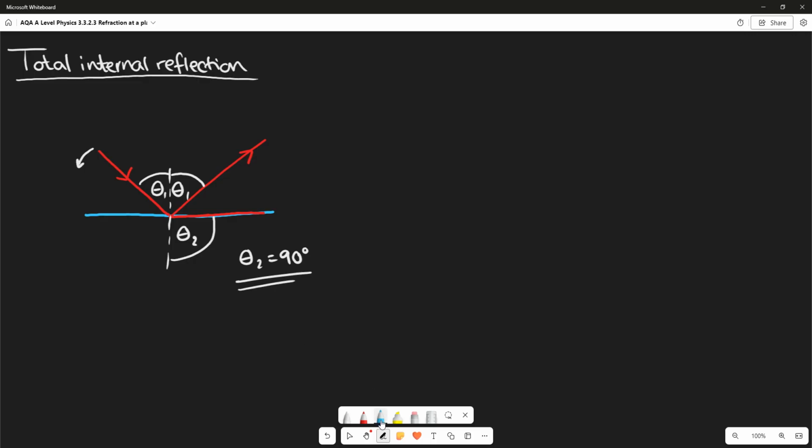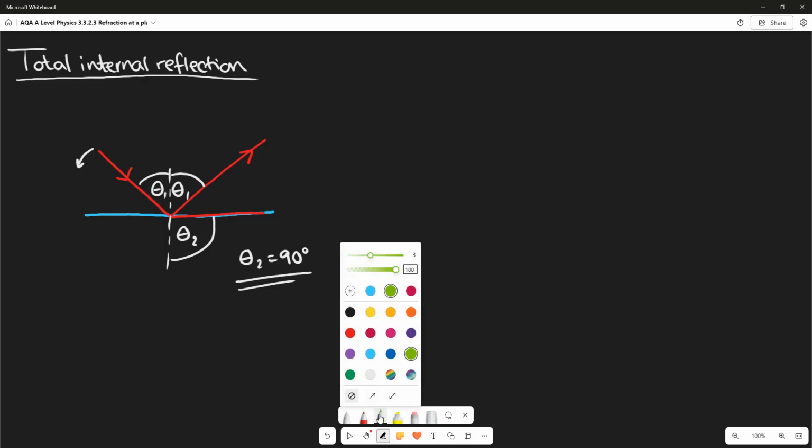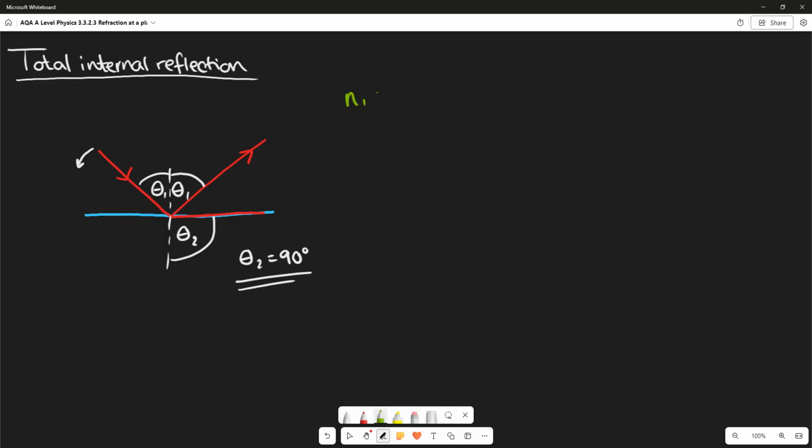So if we have a look at our equation, this value here is 90 degrees, and sine 90 is equal to 1. So this term disappears when we're talking about total internal reflection.